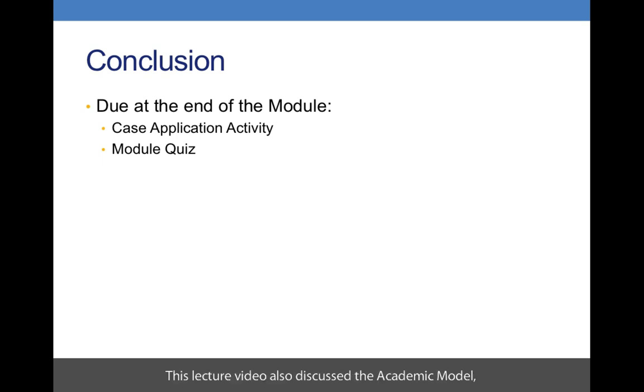This lecture video also discussed the academic model, which focuses on the physiological responses our bodies have to addictive substances, and the Diathesis-Stress Model, which looks at the role of both genetic and environmental risk factors paired with stressors in life or the access to substances of abuse.